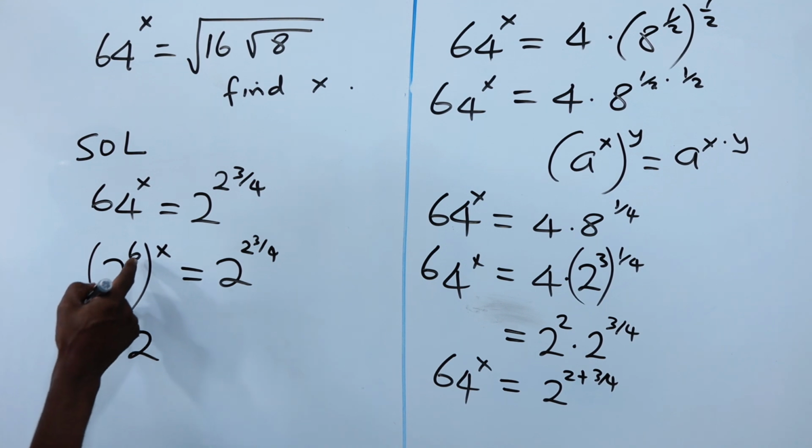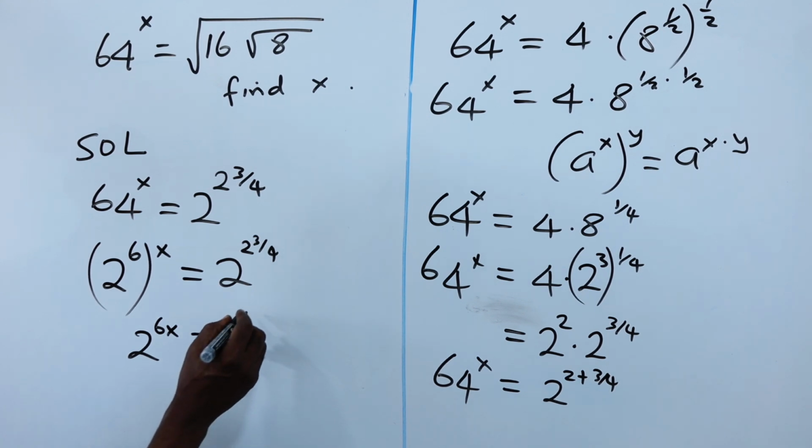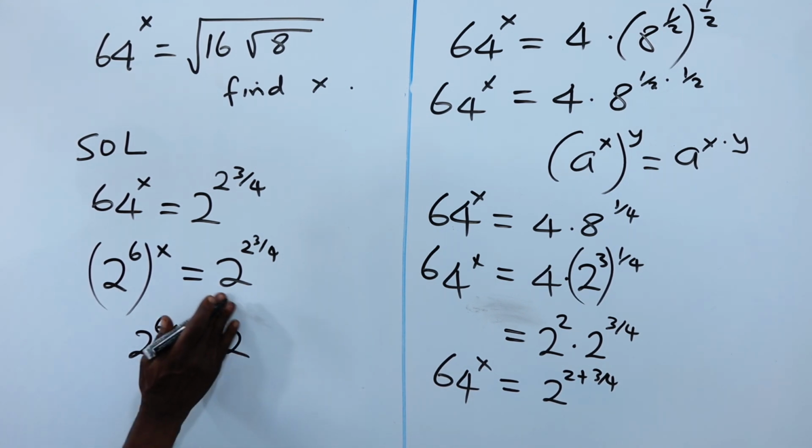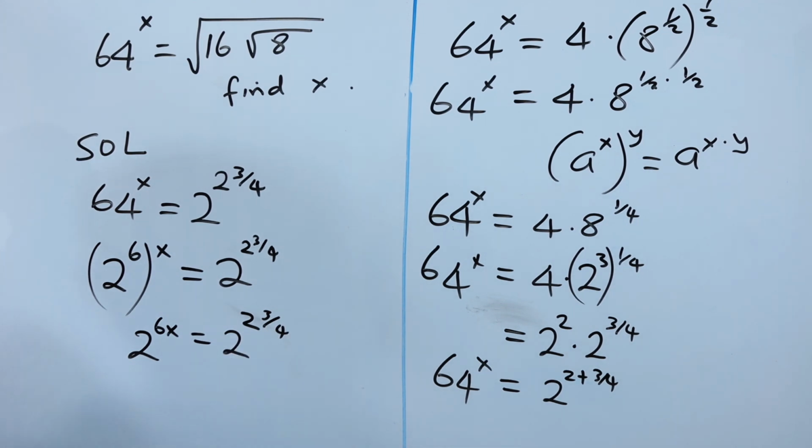So we have 2 raised to power 6x is equal to 2 raised to power 2 and 3/4.